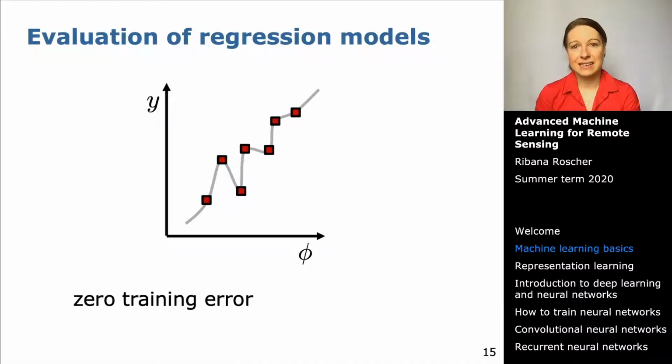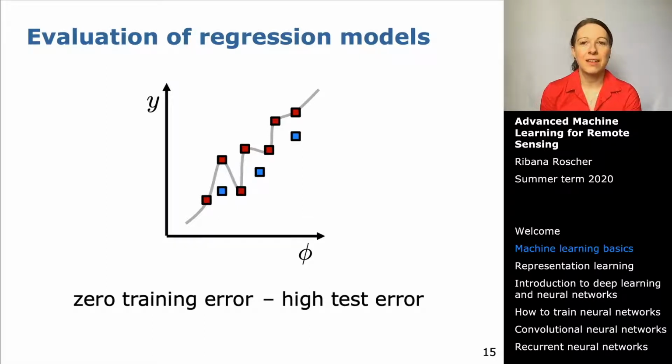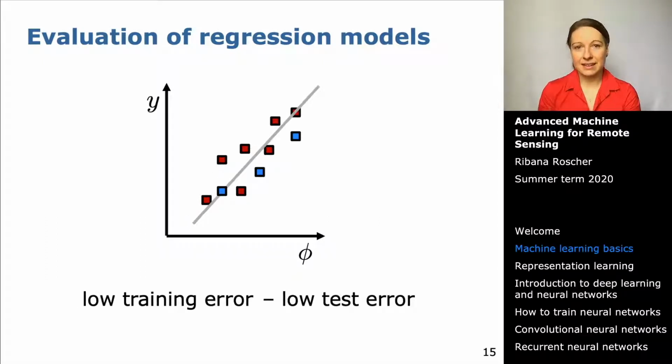But very likely, if you apply the model to unseen data, it will give a high test error. If you alternatively learn a linear model like this, which is also a quite good fit, you will reach a low training error, not a zero one, but a low one. And if you apply it to unseen test data, here you can see this in blue, it will also be a good fit for this.